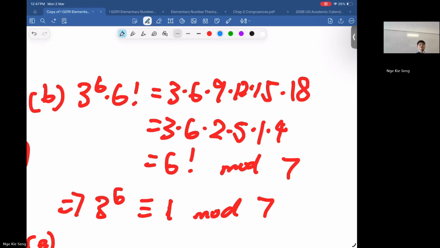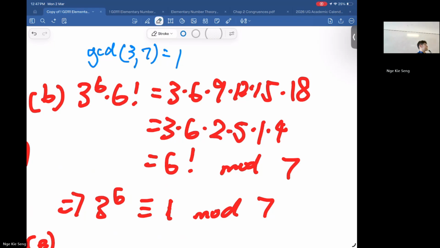So that's why it permutes the numbers 1 to 6, because it stays as a reduced residue system. A reduced residue system must have phi of 7, which is 6, of them. And the GCD of 3 and 7 is 1. So that's why you have this permutation coming out. Does it make sense? Okay.